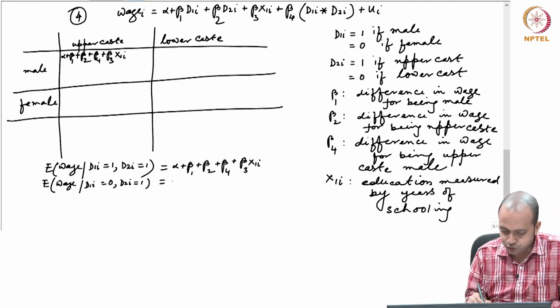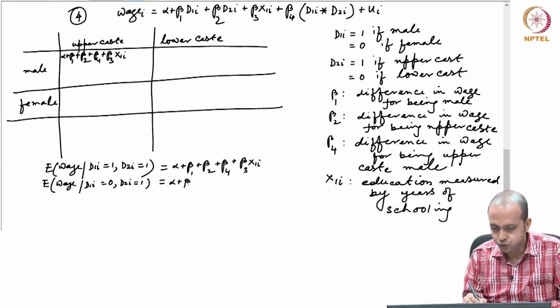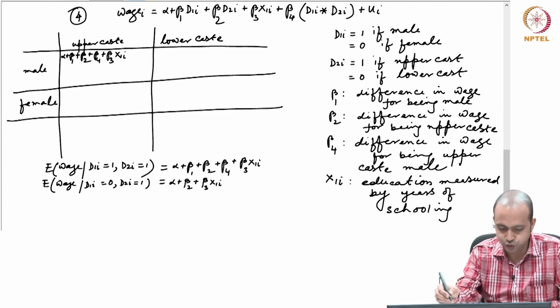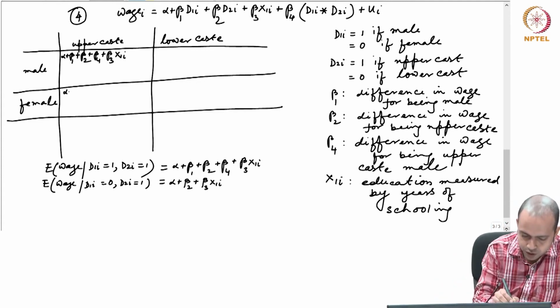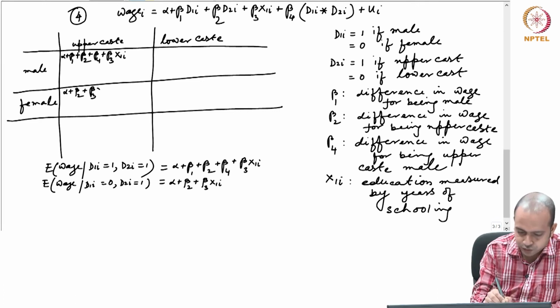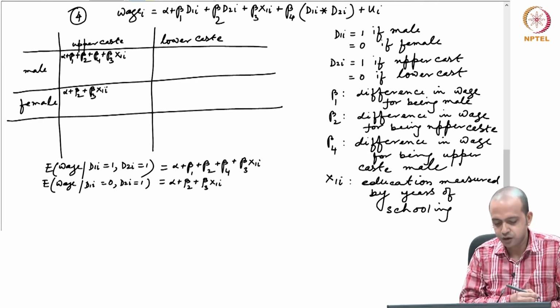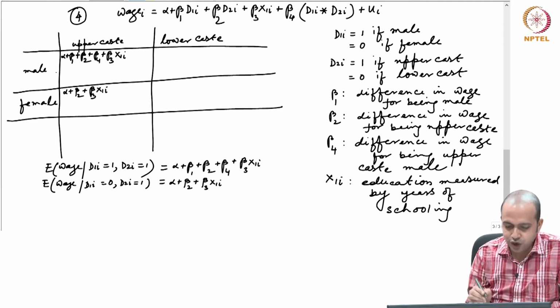So this would become alpha, then beta 1 will vanish, beta 2 would be there, plus beta 3 x1i, and since I am putting D1i equals 0, beta 4 will also vanish. So this will become alpha plus beta 2 plus beta 3 x1i.